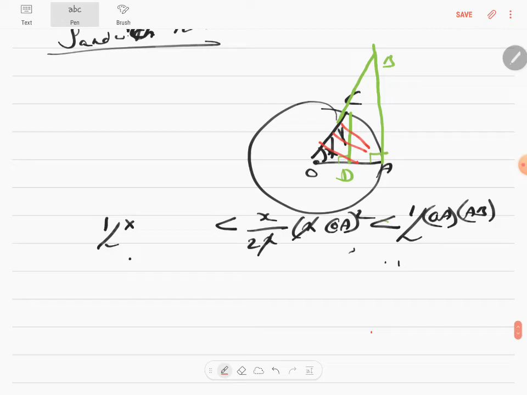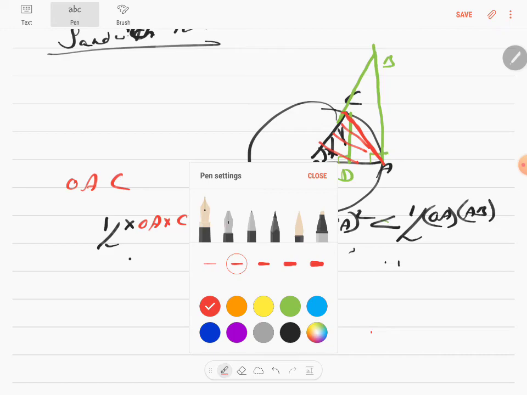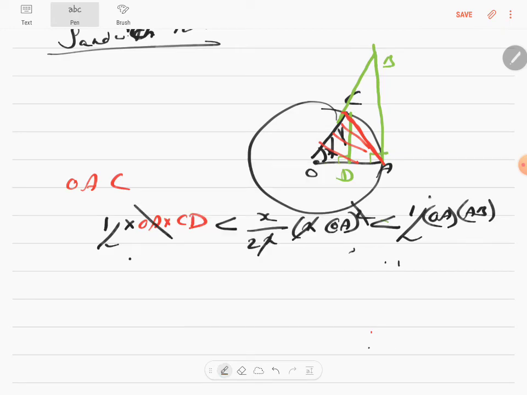Just join CA. Let us take triangle OAC. So half into base will be OA, into height, which will be CD. That will definitely be lesser than the area of the sector, which will be lesser than or equal to the area of the big triangle. So the advantage of doing this is that OA throughout gets cancelled.